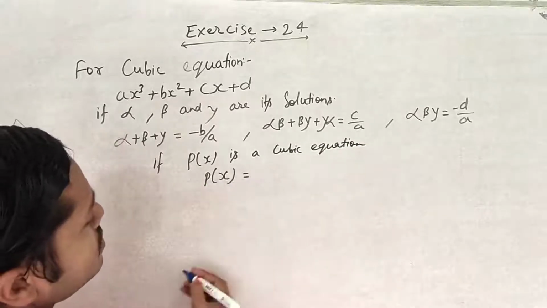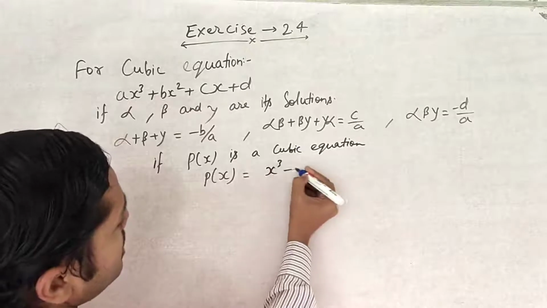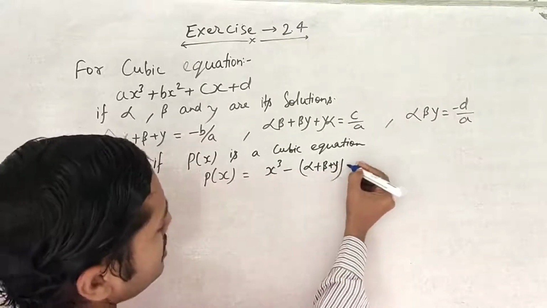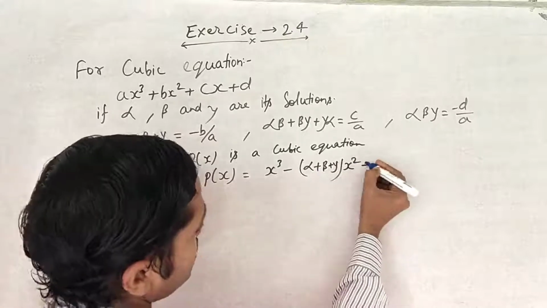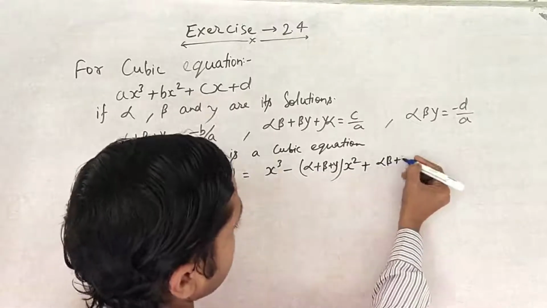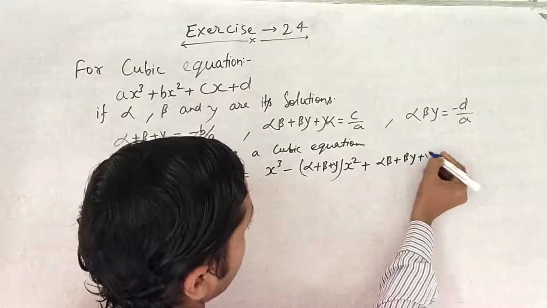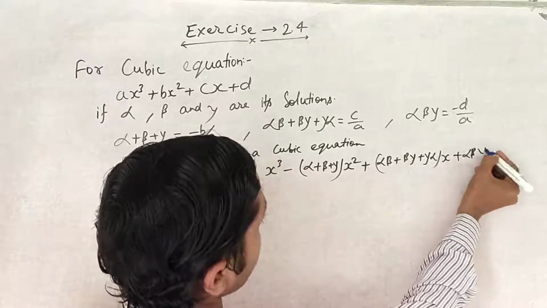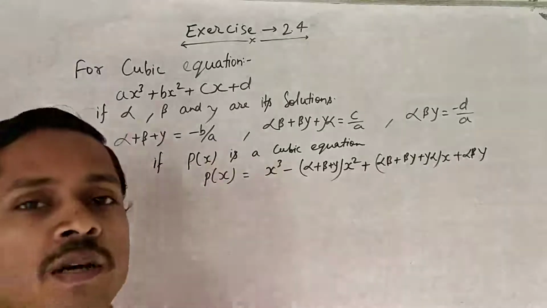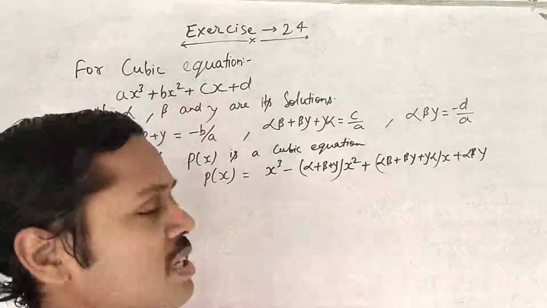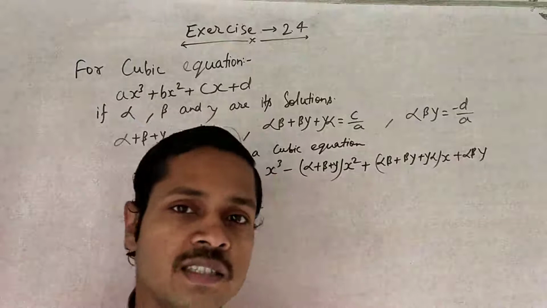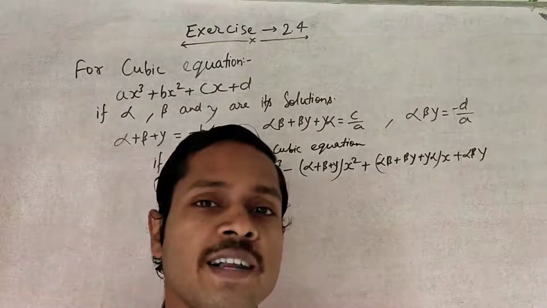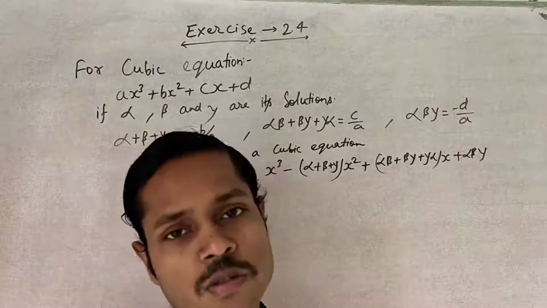P(x) is equal to x cube minus (alpha plus beta plus gamma) into x square plus (alpha beta plus beta gamma plus gamma alpha) into x minus alpha beta gamma. Clear? Means this is the formula, this is the structure, this is the format of finding the cubic polynomial. Just think about that.